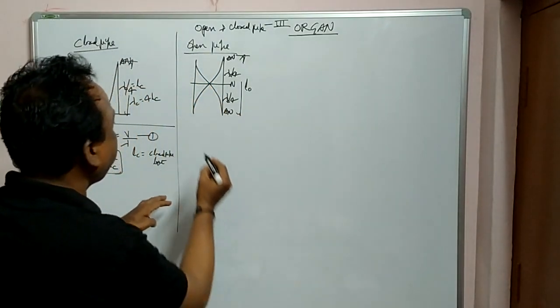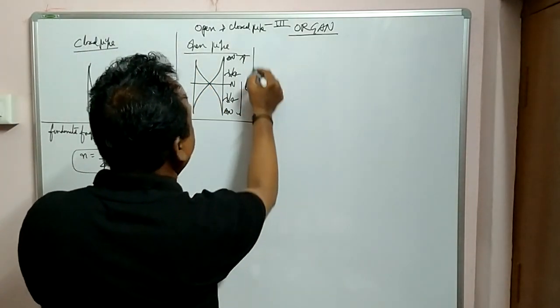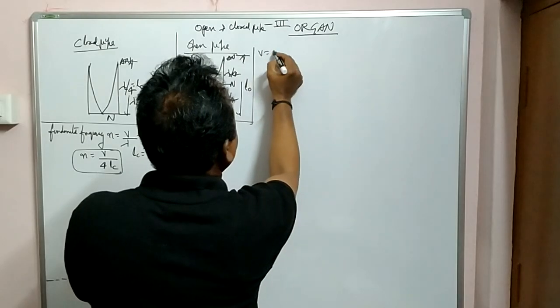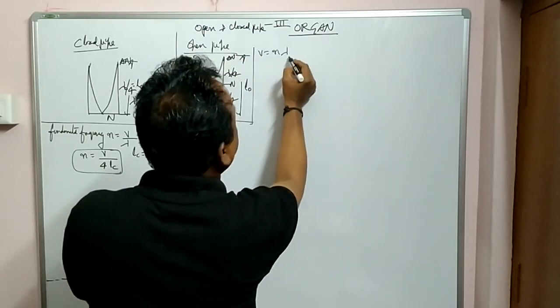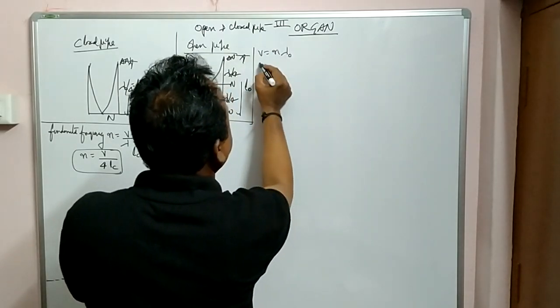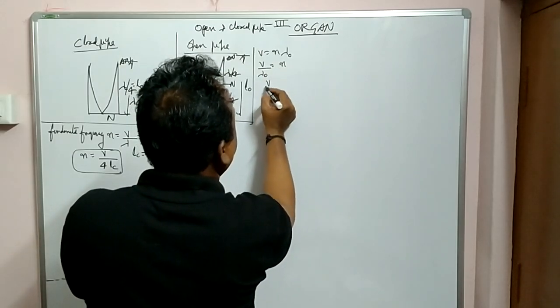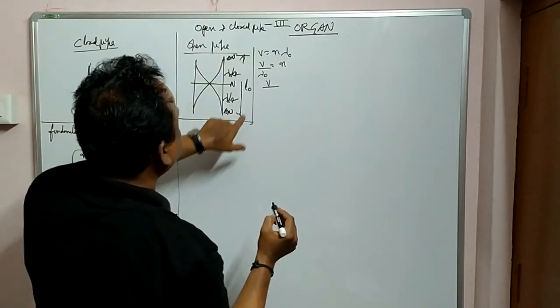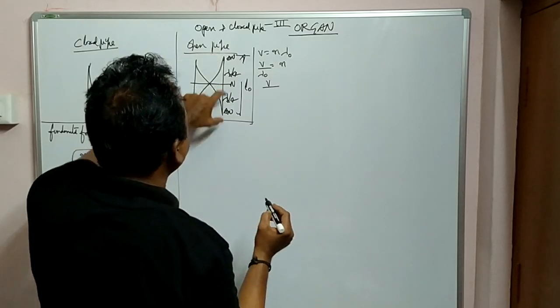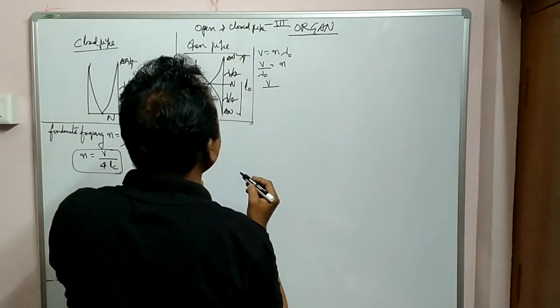In the same way, if you go for the open pipe, again V = n lambda. For the open pipe I am using the suffix 0, so V by lambda 0 is equal to n. What is lambda here? You can see lambda by 4 plus lambda by 4, which is lambda by 2.